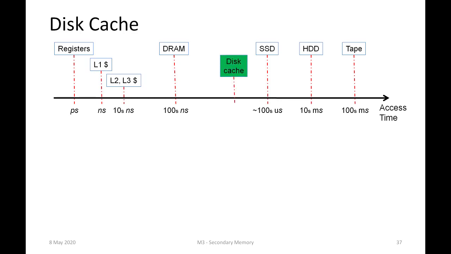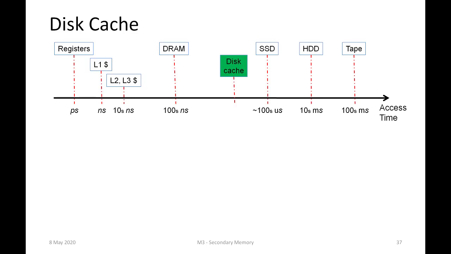It is beyond the main memory and will be placed very close to the secondary memory. In fact, it's on the same PCB, you can say, or in the same module, and it's based on a faster memory technology. It can be an SRAM or a DRAM, and all the frequently used pages will be placed in the disk cache.